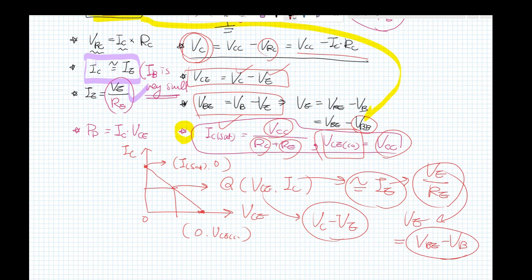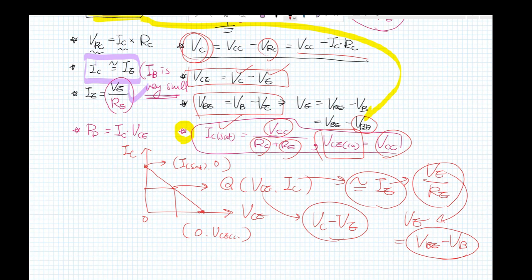Any questions? Yes, I know you are still confused because we learned the base bias before. Now for today, the emitter bias. Some of the equations are the same for finding each answer, but some are different. So after the lecture, when you go back home, you have to write down how we can find I sub B and I sub C for the two different circuits, the base bias and the emitter bias.